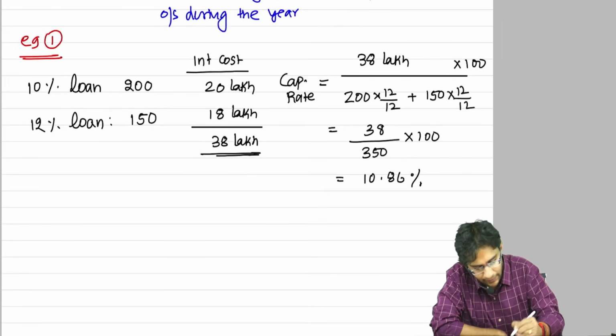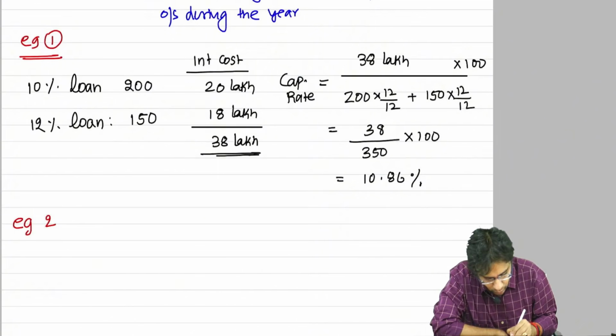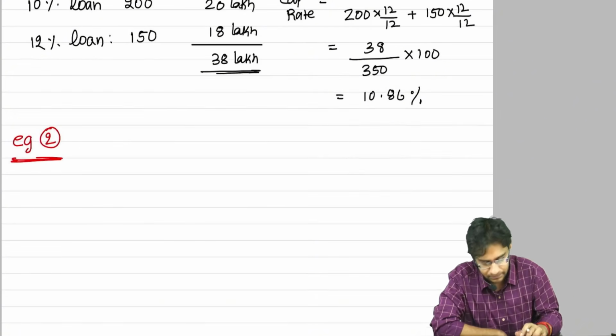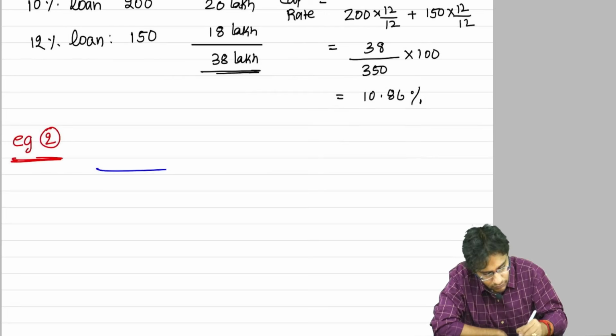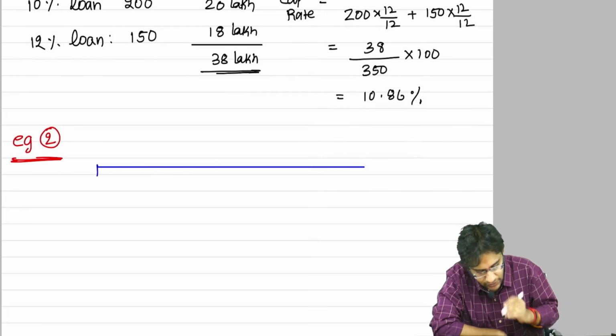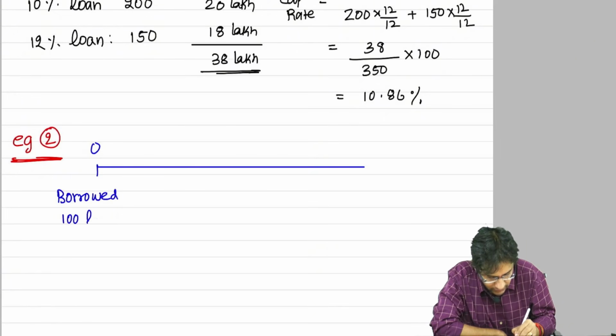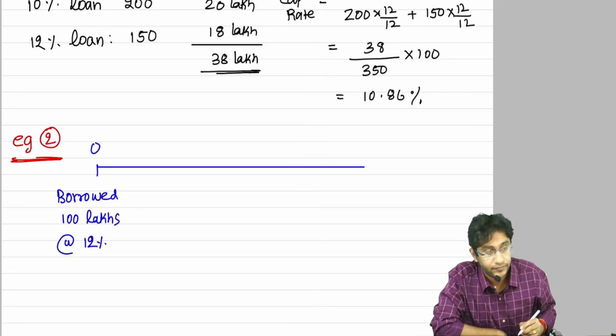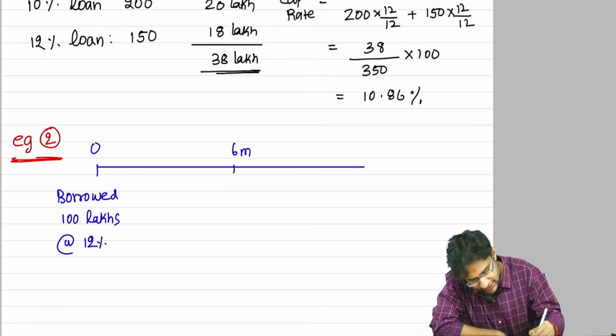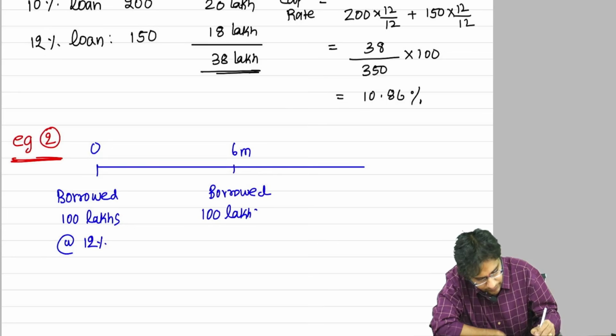I'll tell you one more example to explain the significance of that weighting. Carefully watch, sir. Here, at time 0, you borrowed 100 lakhs at the rate of 12%. At 6 months time, you borrowed another 100 lakhs at the rate of 12%.